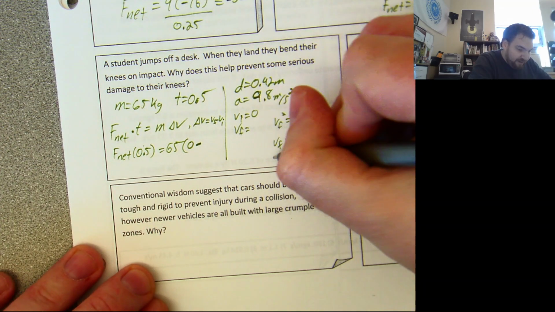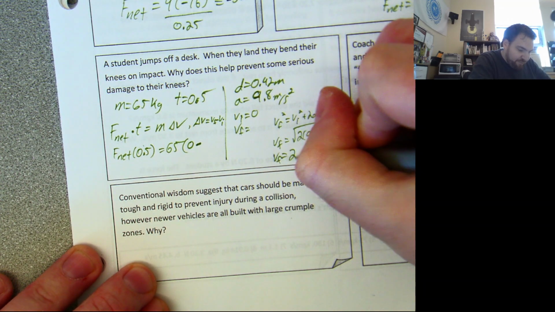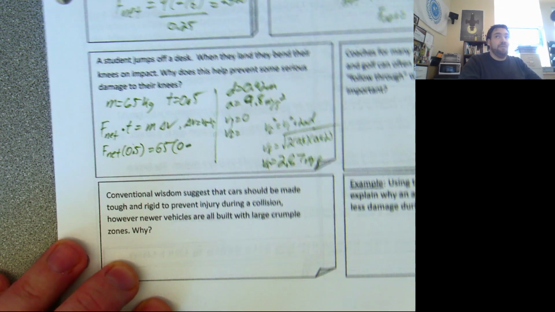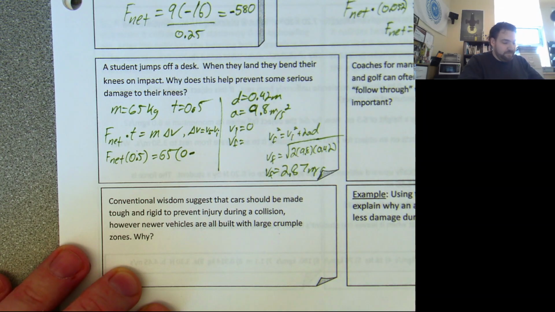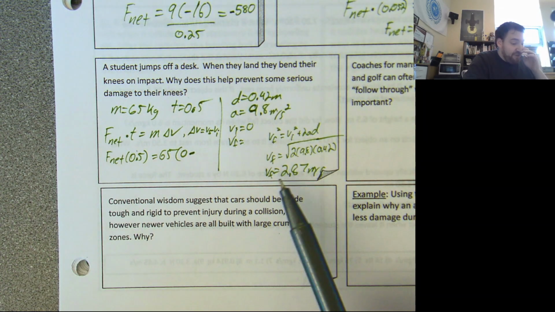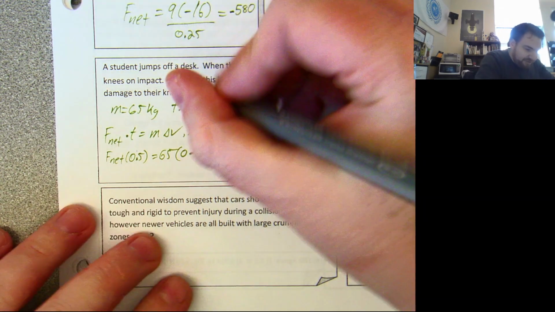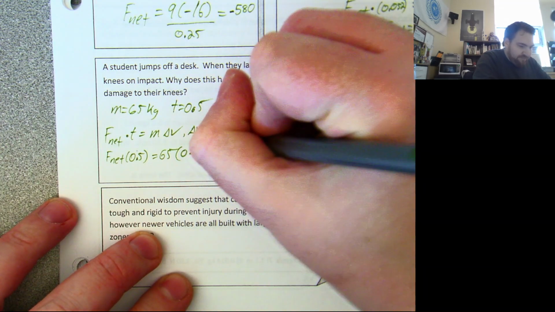I was only moving at 2.87 meters per second. So that final velocity for the fall becomes the initial velocity for my stop. So that's going to be 2.87.